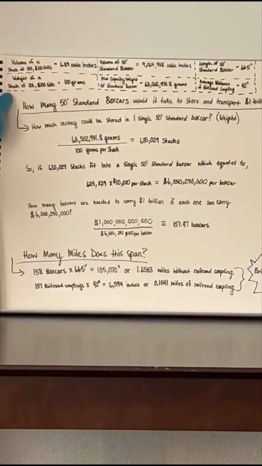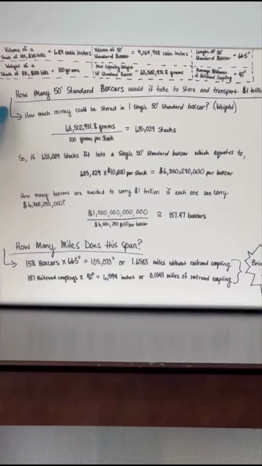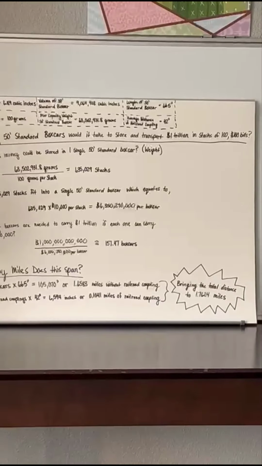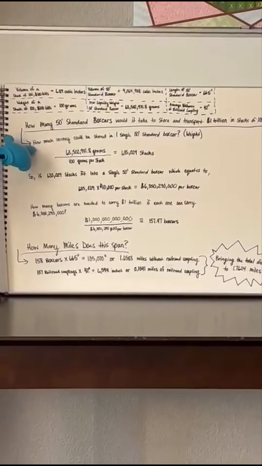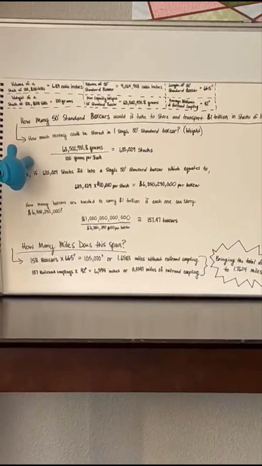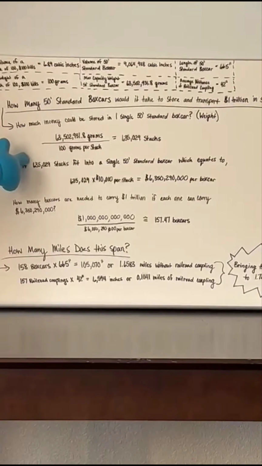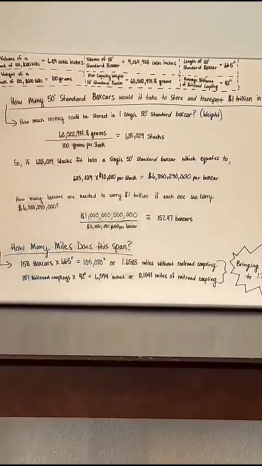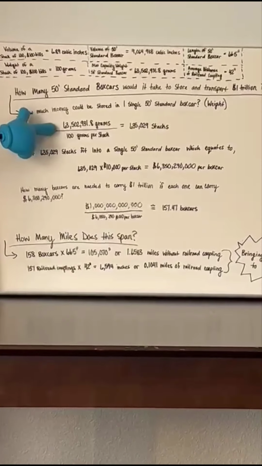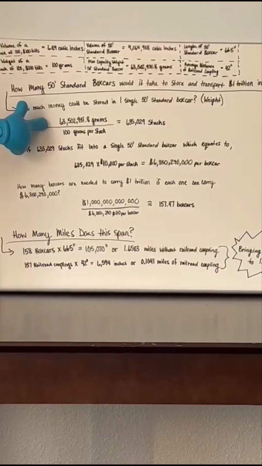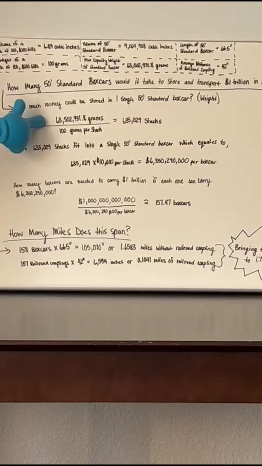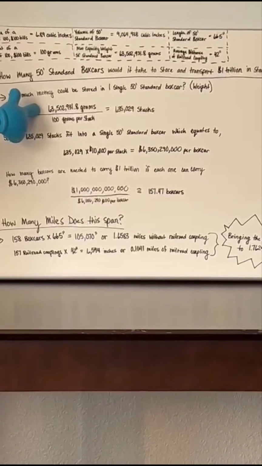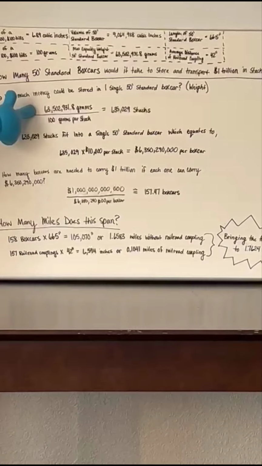So, how many 50-foot standard boxcars would it take to store and transport $1 trillion in stacks of $100 bills? Once again, we first need to start with how much money could be stored in one single 50-foot standard boxcar, now with respect to weight instead of volume. Okay, so we know that each 50-foot boxcar can transport 70 tons, or 63,502,931.8 grams of weight.